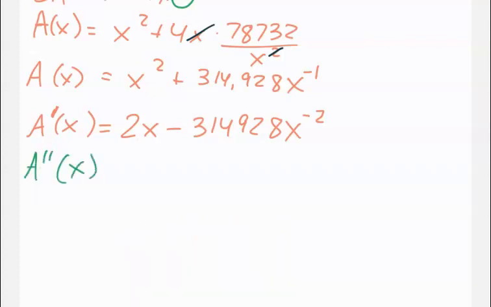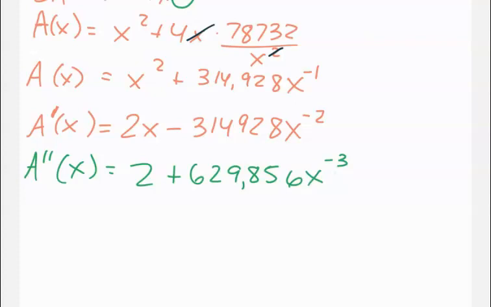So the second derivative is 2, and then negative 2 times this 314 number. And it's a negative times a negative, so it'll make it positive 629,856 x to the negative 3. So multiply the exponent down, subtract 1.